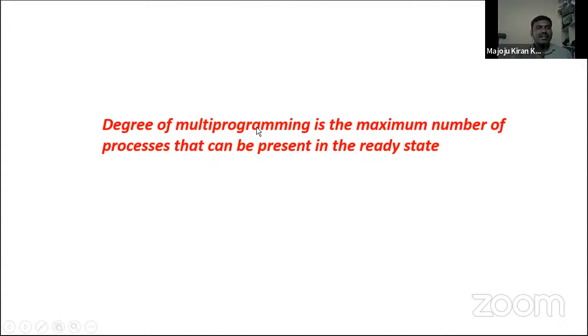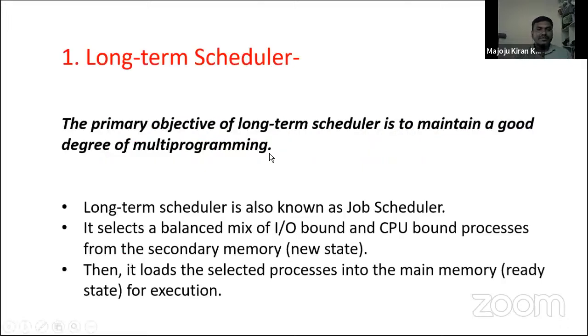If the degree of multi-programming is high, you can execute multiple processes at a time. That means your system supports multiple software running simultaneously. That is the degree of multi-programming.